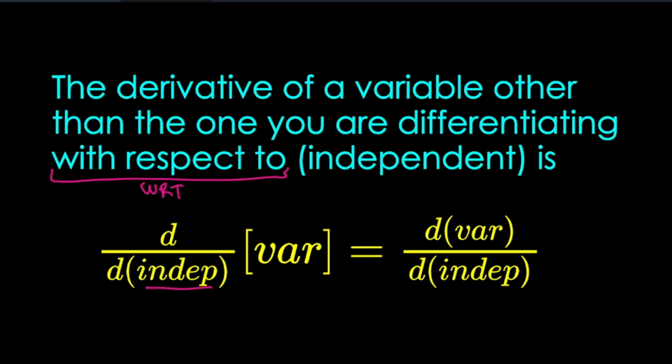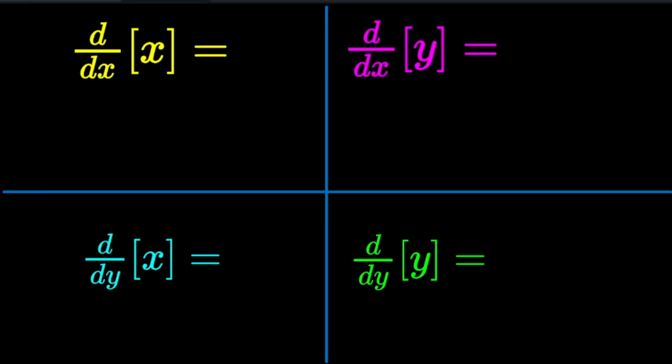The derivative of some variable with respect to an independent variable, we write as d variable over d independent. So in our case before, it was du dx.